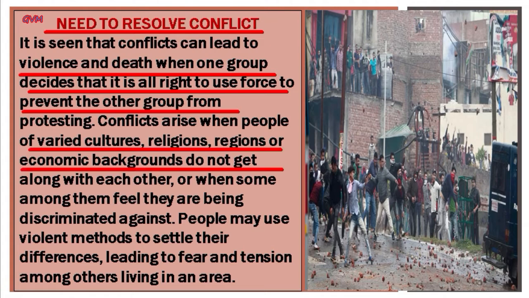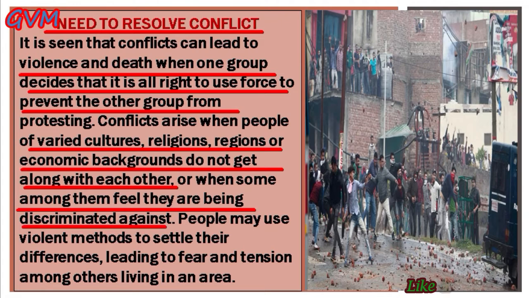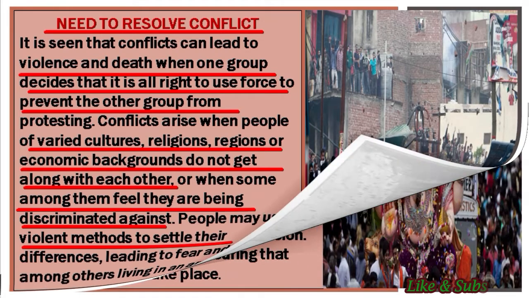Because when people of varied cultures, religions, regions or economic backgrounds do not get along with each other, or when some among them feel that they are being discriminated against, people may use violent methods to settle their differences, leading to fear and tension among others living in an area.